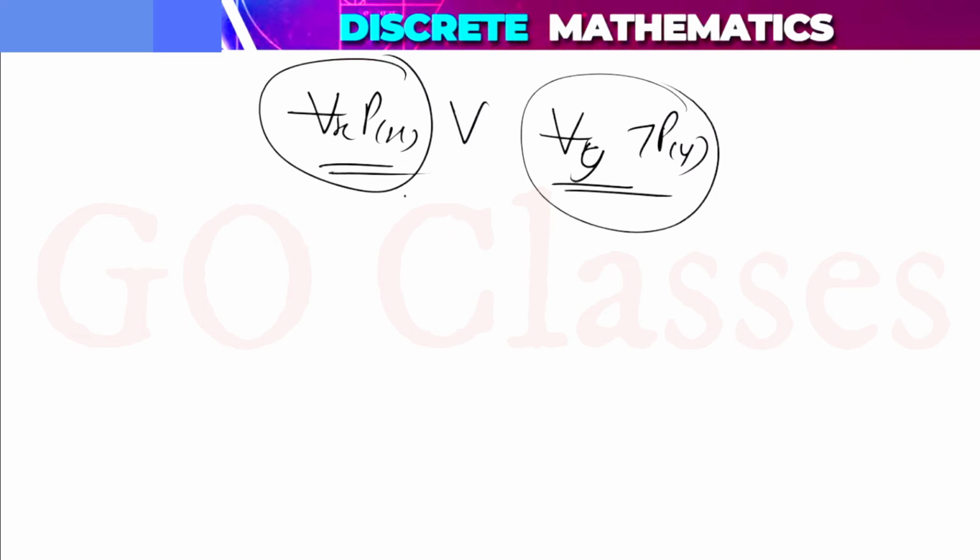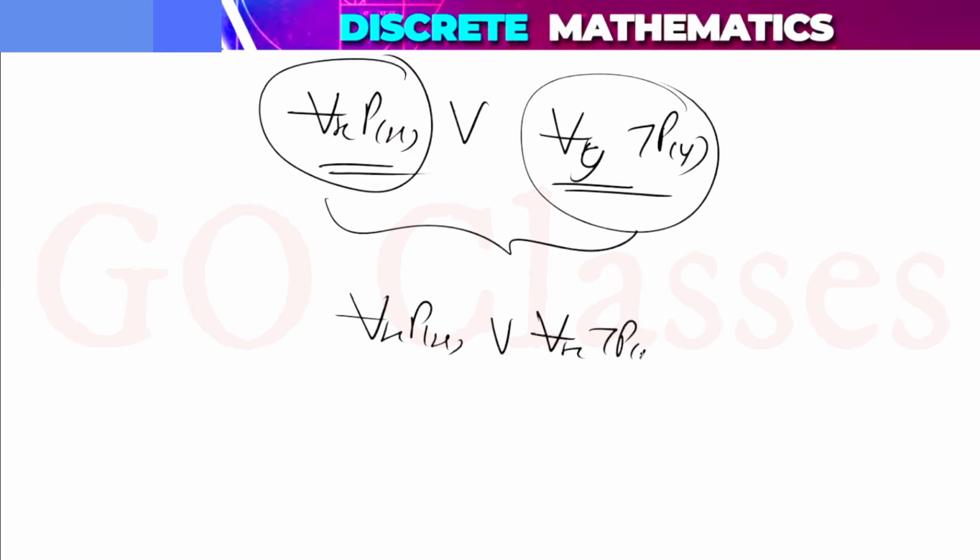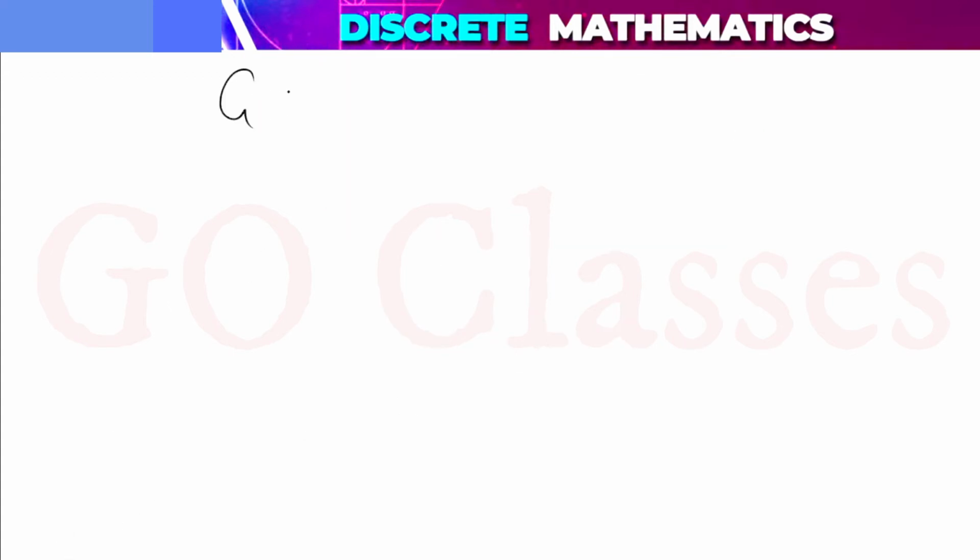And this formula is exactly the same as this formula, no change. So whether you solve this or whether you solve this, both are the same. Now let's solve it. So our formula G is for all x px or for all x negation px. Now I can very easily give you a model.